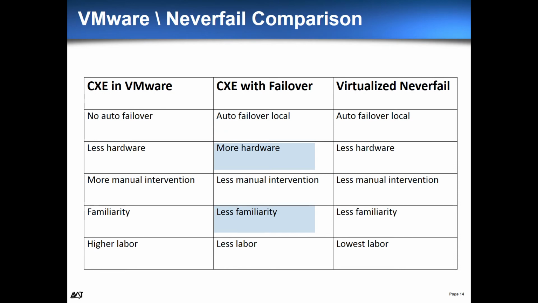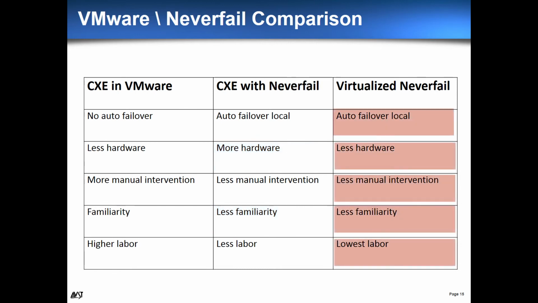Now in the last column, we sort of get the best of both worlds approach. If you take the CXC architecture itself and configure it for failover with multiple system servers and multiple call servers, and then place that entire implementation into VMware with each server on its own separate host, you now get the advantages both of the VMware functionality, the familiarity, the reduction of hardware, plus the CXC automatic failover and no intervention in terms of keeping the system up and going.